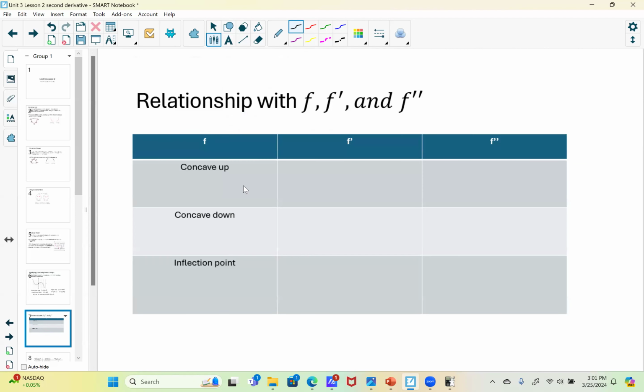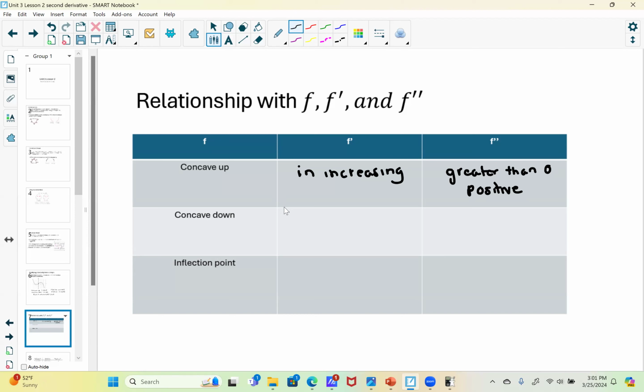And then just to summarize the relationship, again, if my function is concave up, the derivative is increasing, okay, because we said that slope is increasing, and the second derivative is greater than 0. Okay, so what that means is it's positive.